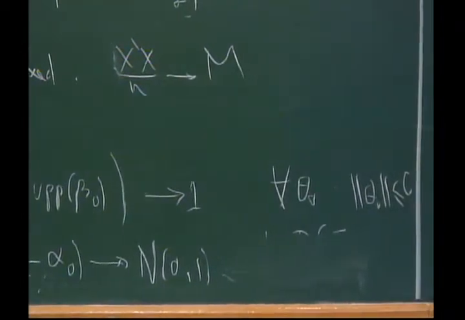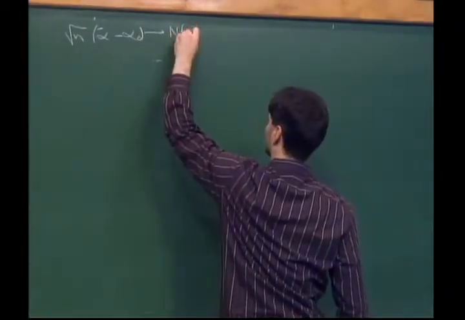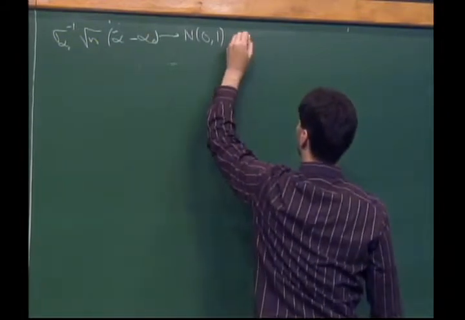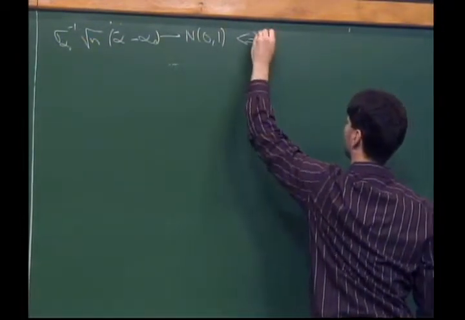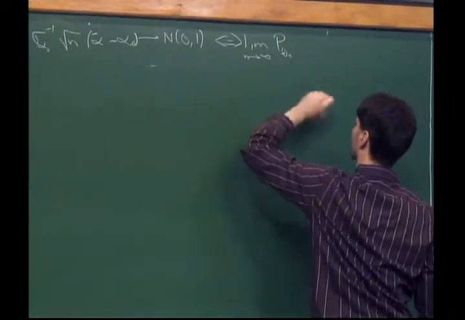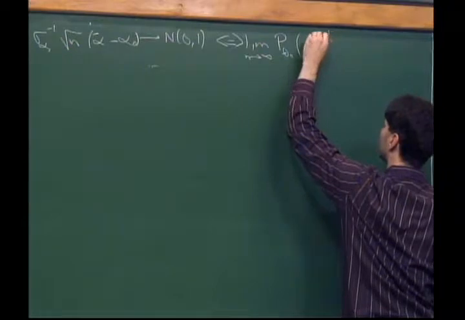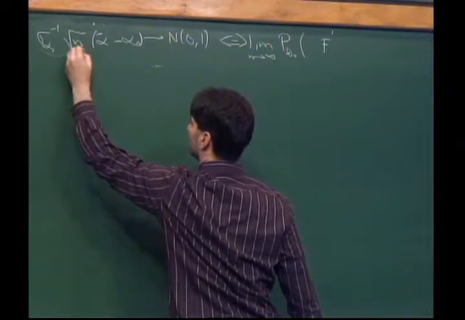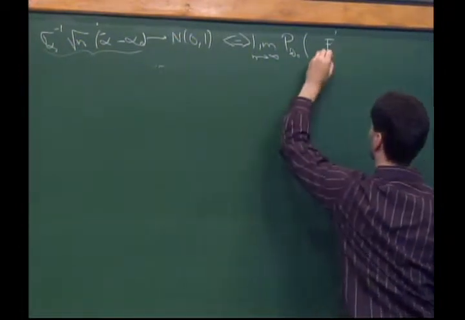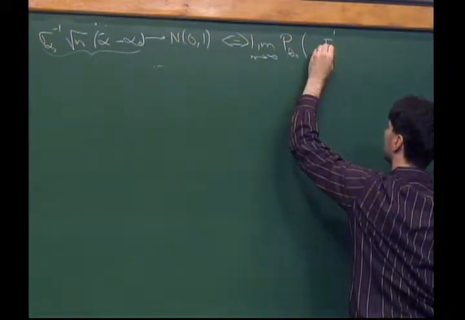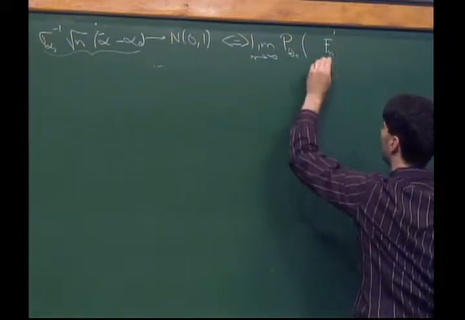That statement is, I want to just note, the limit as n goes to infinity of the probability according to theta naught of the distribution of this estimator, this whole thing, which I'm going to denote by f hat n.